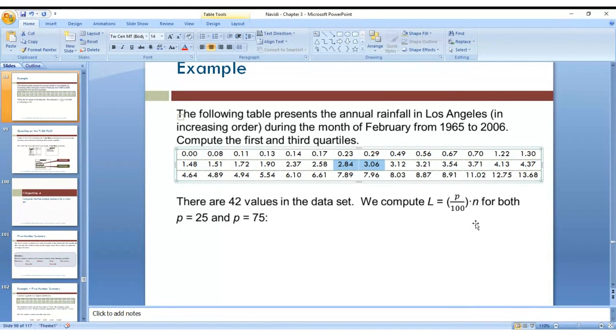If you want to verify why, go back and look at what we talked about for the median. If the data set is even, like this one is, we have to go to the two middle values, add them up and divide by 2. So 3.06 and then 2.84, divided by 2, we get 2.95.